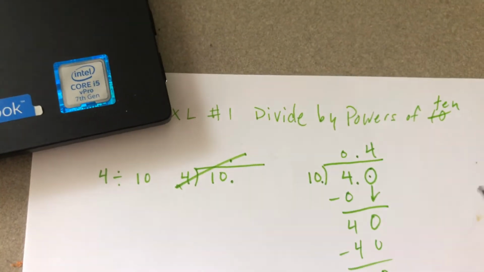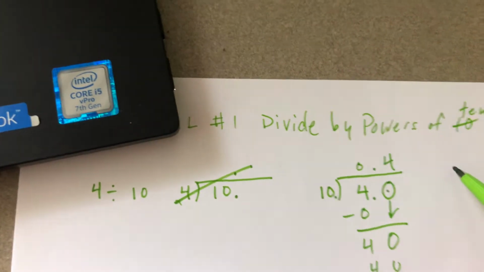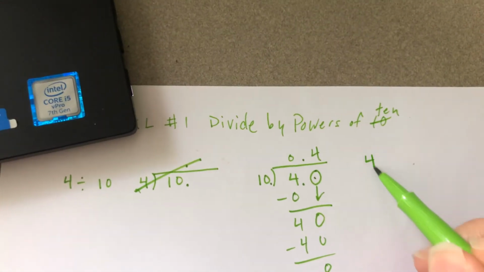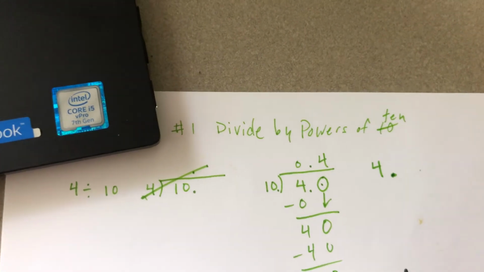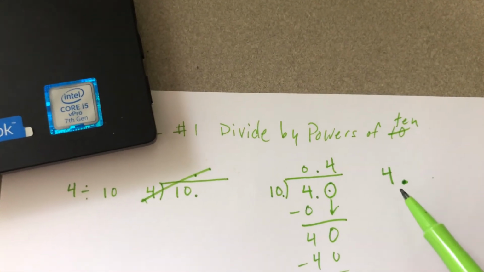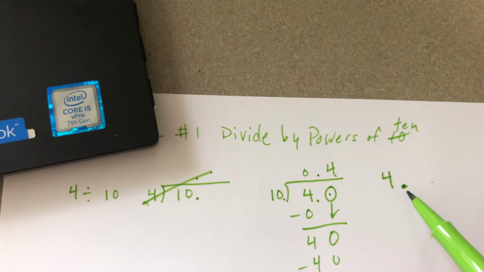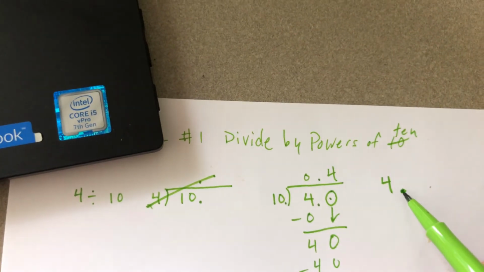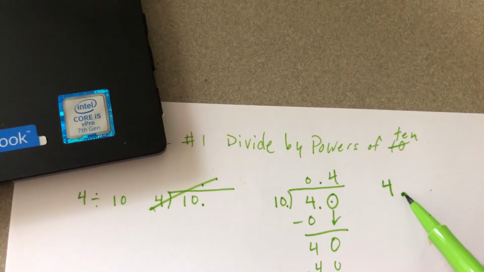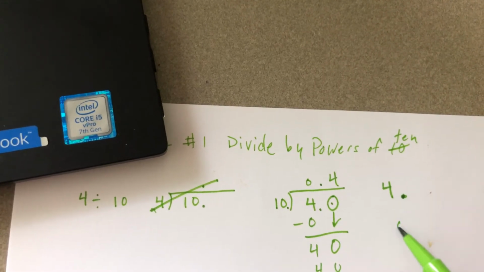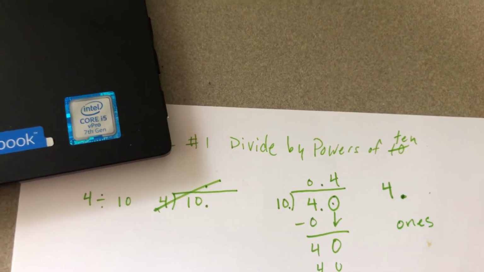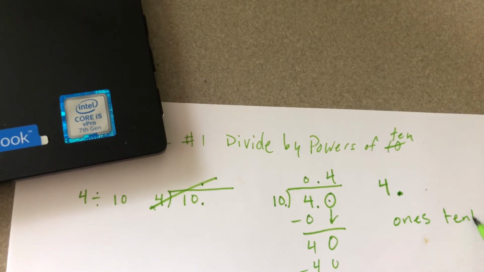So you notice how whole number 4, if you have a whole number of 4, the decimal place is here, right? If you're dividing this by 10, then what's happening is the decimal, well, you could think of it as the decimal moving over. I like to think of it as the ones place, then the tenths.